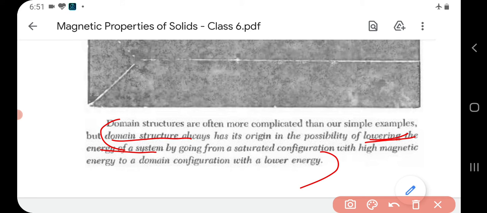A domain structure always lowers the energy of the system. How? It undergoes a transition from a saturated configuration to a domain configuration. Saturated configuration will have high magnetic energy, whereas a domain configuration will have low energy. So it goes through a transition from high energy saturation configuration to low energy domain configuration. That is the peculiarity of a domain structure. Okay.